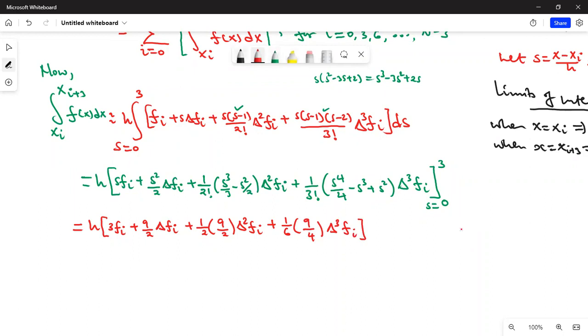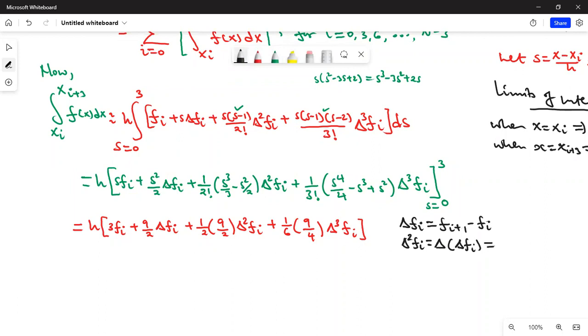So write a note here that we know that forward difference of fi is the same as fi plus 1 minus fi. The second order forward difference of fi is the same as, we can derive it, is the same as forward difference of another forward difference of fi.